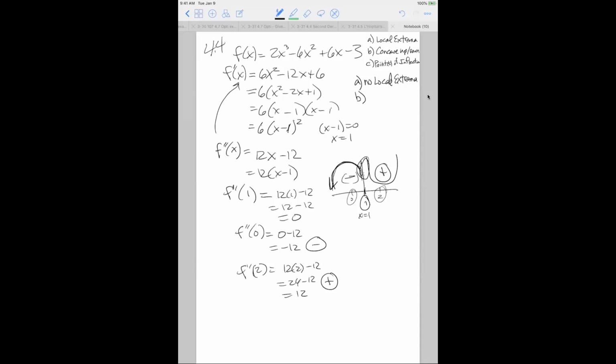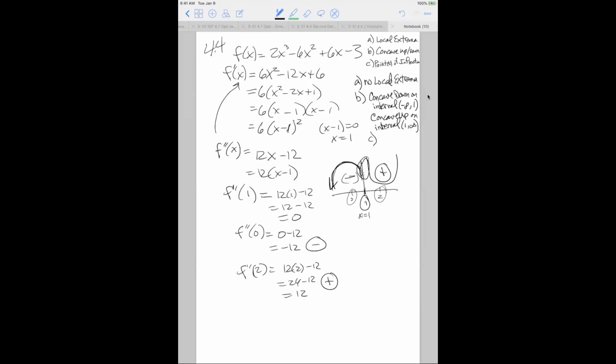So concave down on the interval negative infinity to 1, and concave up on the interval 1 to infinity. Okay, and we verify the point of inflection is at x equals 1.